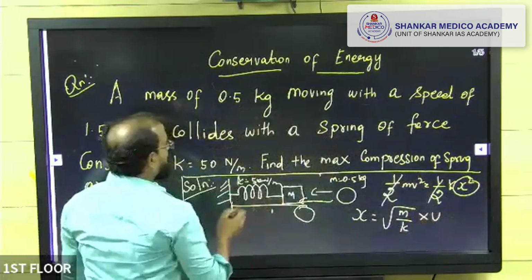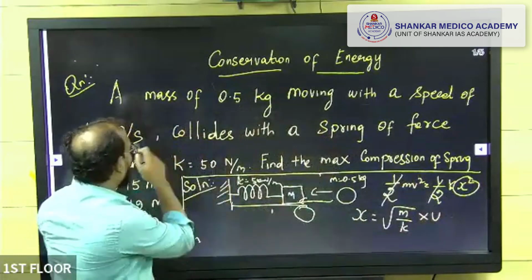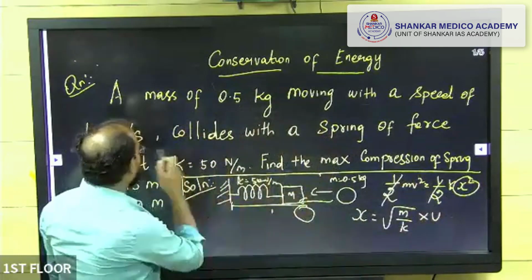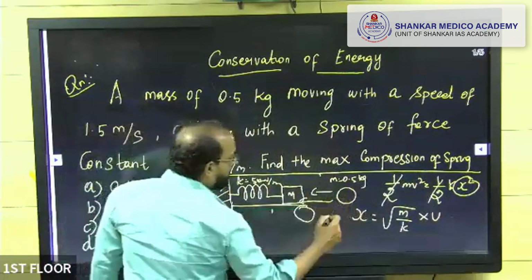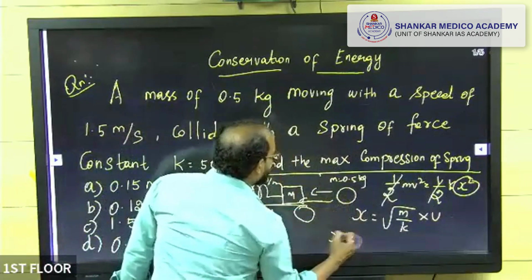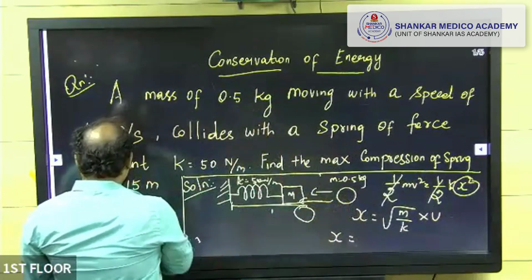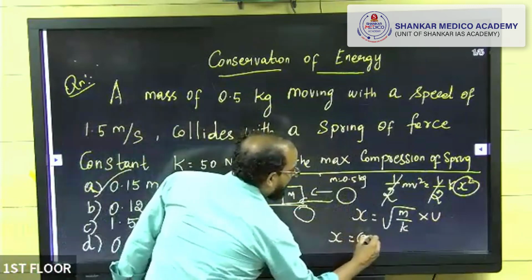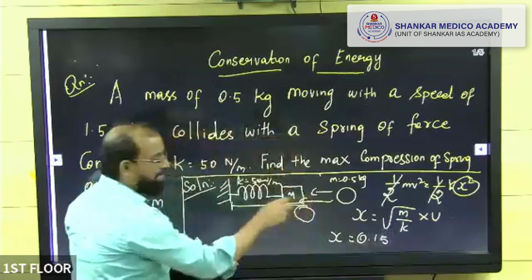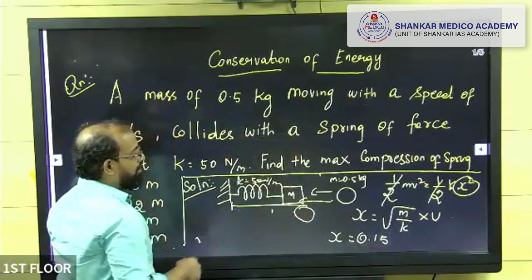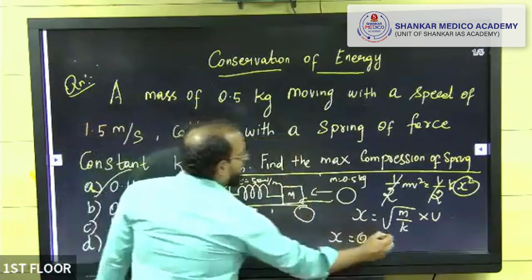Substitute the values: mass is given, velocity is given and spring constant is given. When you substitute and take the root, your answer will be 0.15 meter. That is 1.5 by 10, equal to 0.15 meter. So this is the answer.